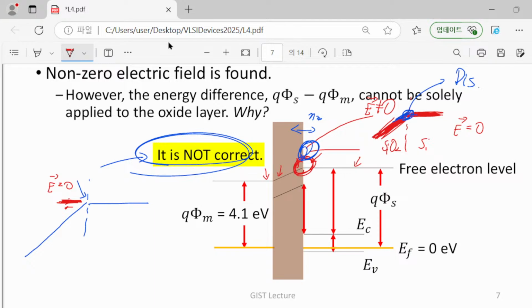Once you say that the electric field at the silicon dioxide interface is equal to 0, then it means that all over your silicon dioxide the electric field should be 0. Inside this oxide layer, you have no way to change the electric field in this one-dimensional system. So simply speaking, the oxide region cannot yield at all.